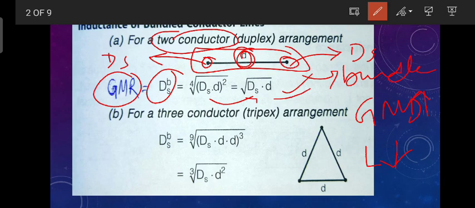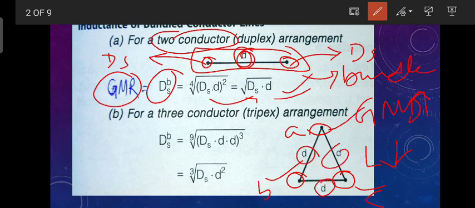Then we come to the triple conductor, or triplex. That is one conductor, another conductor, and another conductor: conductor phase A, conductor phase B, conductor phase C. They are spaced equally with distance d apart from each other. For finding GMR, this is our formula.